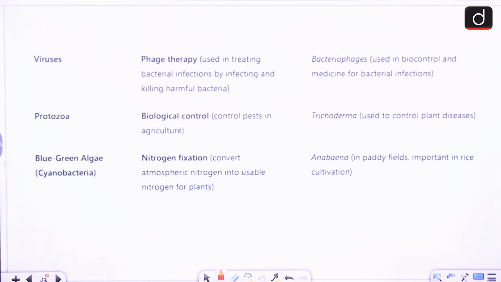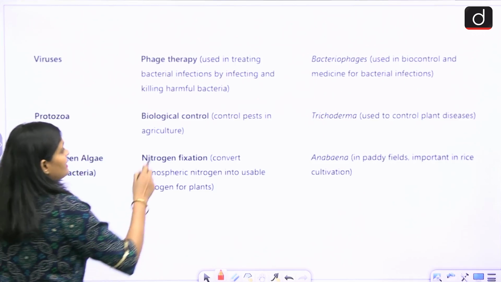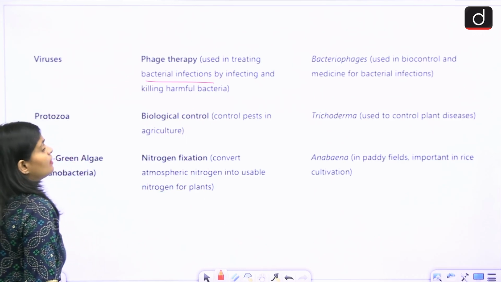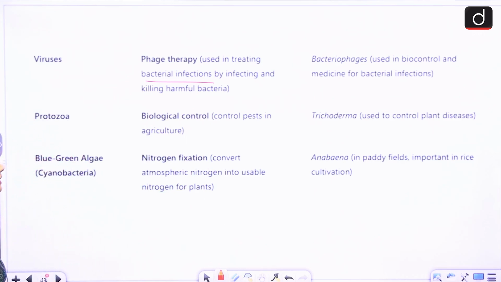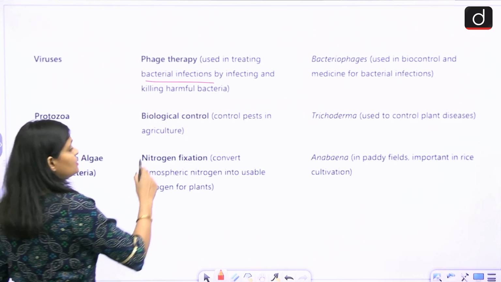Then a few viruses are also very helpful, like bacteriophages. They are used in phage therapy, in treating bacterial infection. Trichoderma is used in the biological control of pests in agriculture.